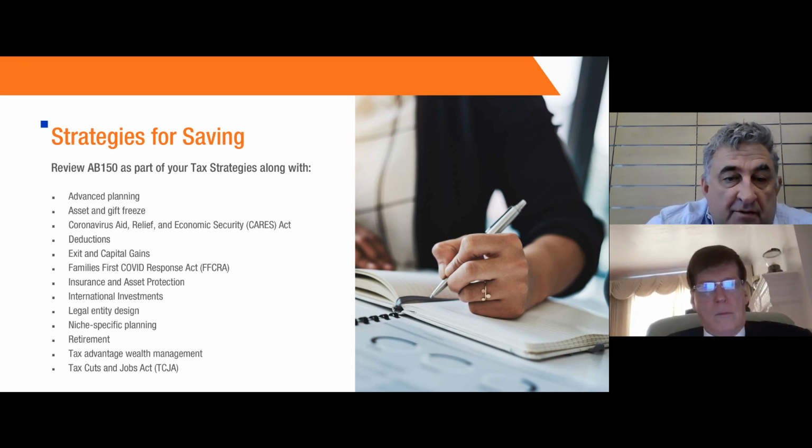We're going to look at all of your other potential credits and deductions available, not just through the state of California, but federal deductions as well. And that's all part of our initial consultation.